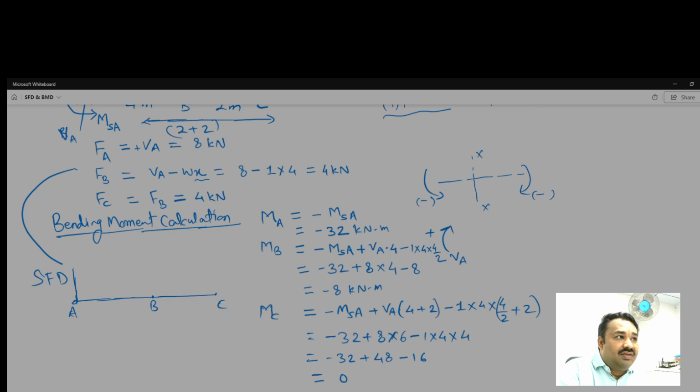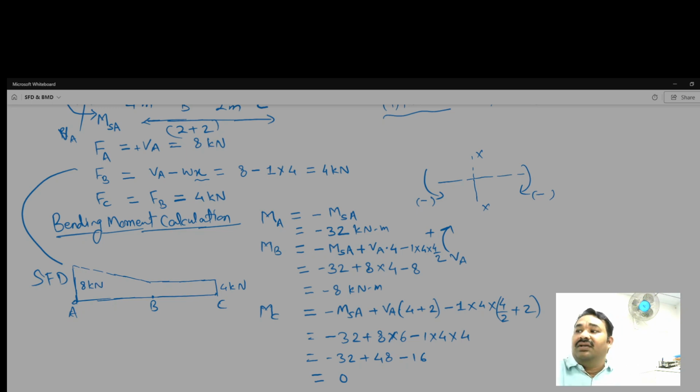So it varies like this, and then it becomes constant here, at 4 kilonewton, and at the end A, the magnitude of shear force is 8 kilonewton.